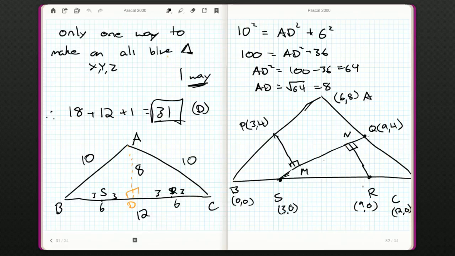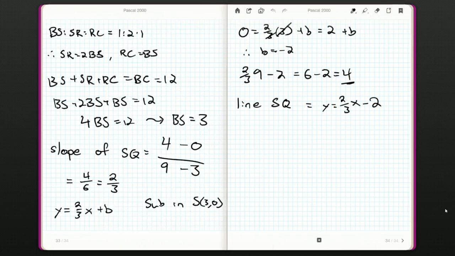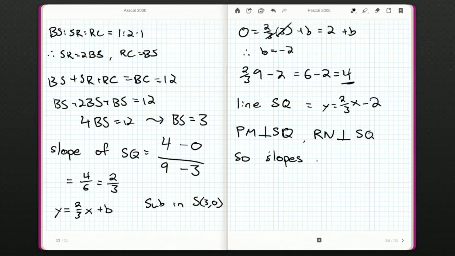And we know that NR and PM are perpendicular. PM is perpendicular to SQ, and RN is perpendicular to SQ. So their slopes, well, if we want the slope of a perpendicular line, we do the negative reciprocal. This is something that you learn when you go through lines, negative reciprocal.